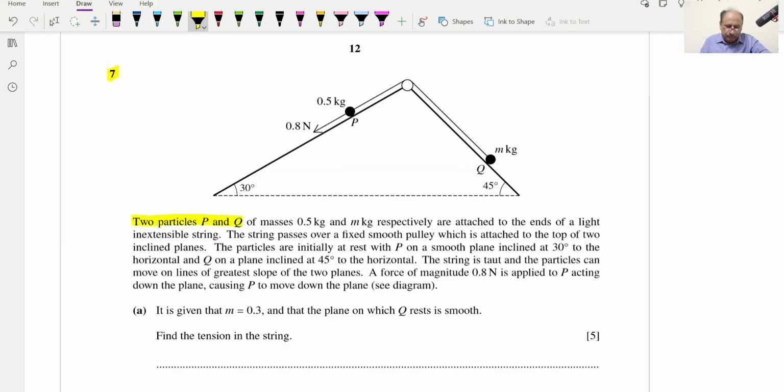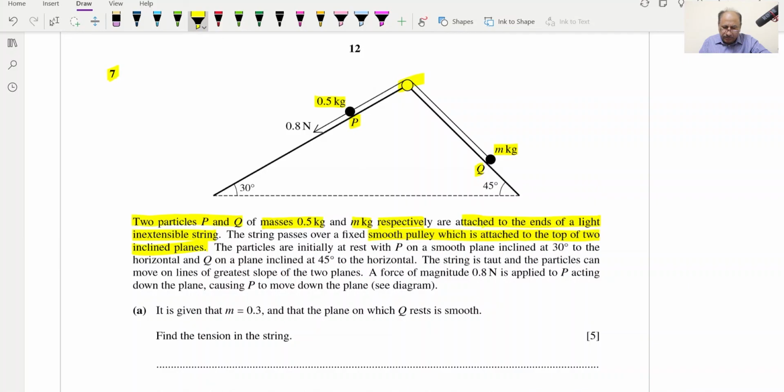Question number 7. Two particles P and Q. P is this one, Q is this one, of masses 0.5 kg and m kg respectively, are attached to the ends of a light inextensible string. The string passes over a fixed smooth pulley, with no friction, attached to the top of two inclined planes.